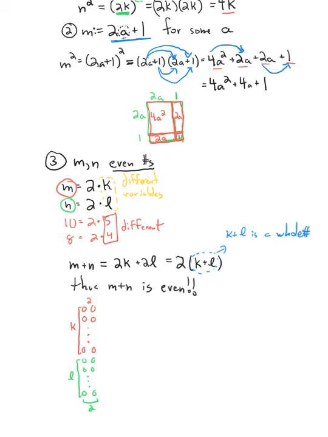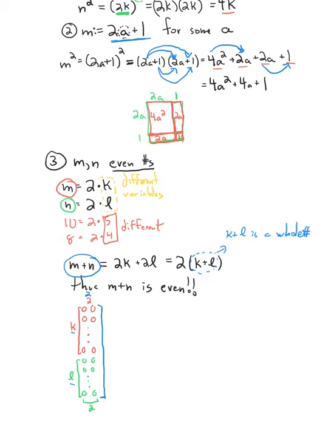So this m plus n, which I'll do in blue here, that's this guy. So it has still 2 dots in each row. And how many rows does it have now? Well, it has k rows here and L rows here.